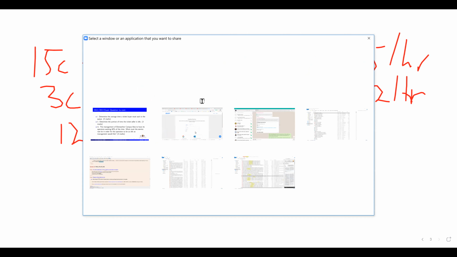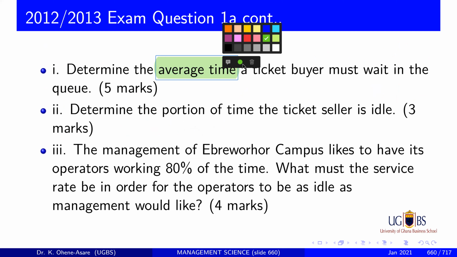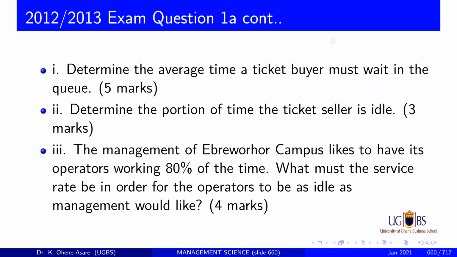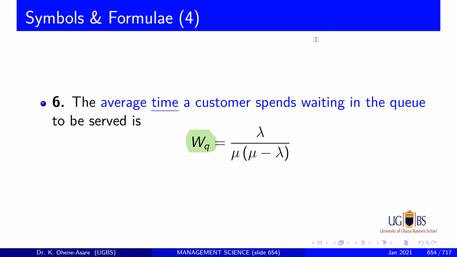The question says, determine the average time a ticket buyer must wait in the queue. Now, of course, if you can remember, we just go back to our formula here, waiting, WQ. That's what you're being asked to do.